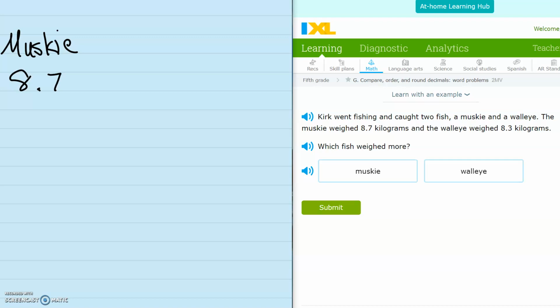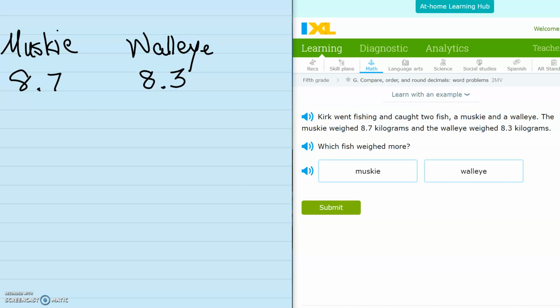The walleye weighed 8 3/10 kilograms. So we write 8 3/10, and that's the walleye. So which one weighed more? That means we need to compare 8 7/10 to 8 3/10.